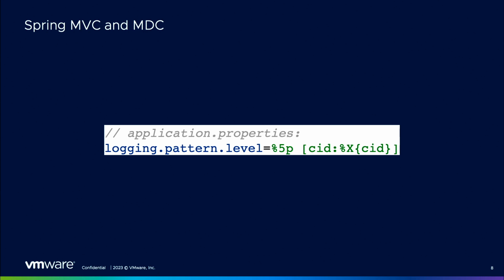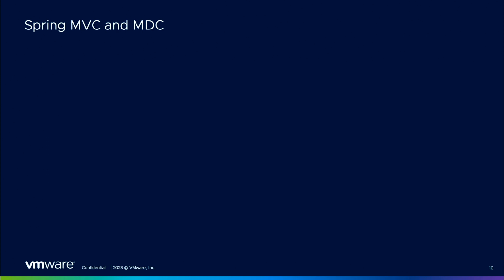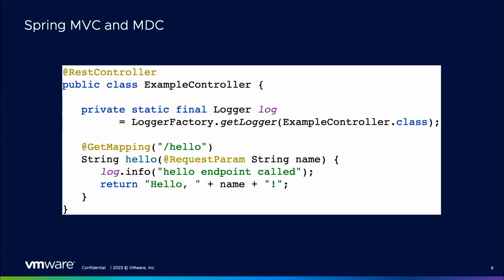So here, what I'm using is the logging pattern level from Spring, and I attach that CID to every log that I perform. Then the example controller would look like this, where essentially when the hello endpoint is called and the log statement is called, I should see that information printed somewhere in the logs or in the logging system that I'm using.